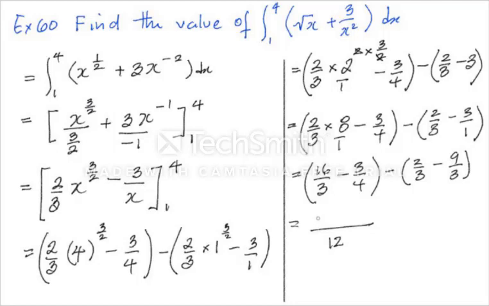4 times 16 would be what? 64 minus 3 threes would be 9, and then this would be minus minus 7 over 3.